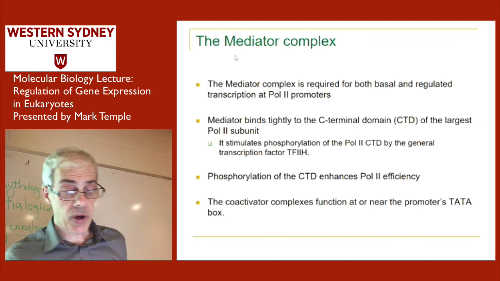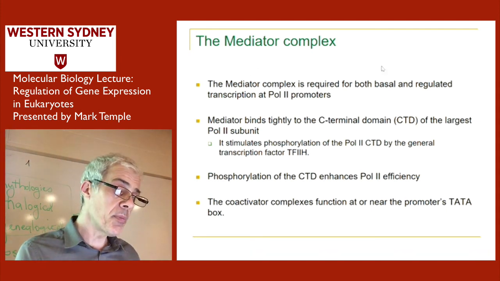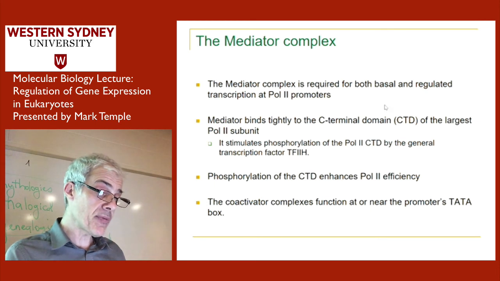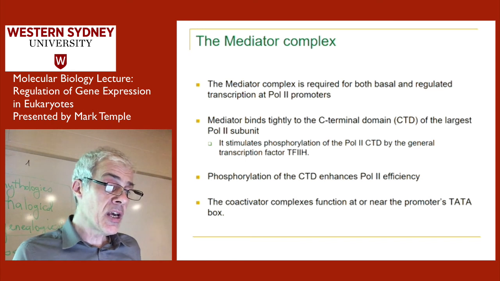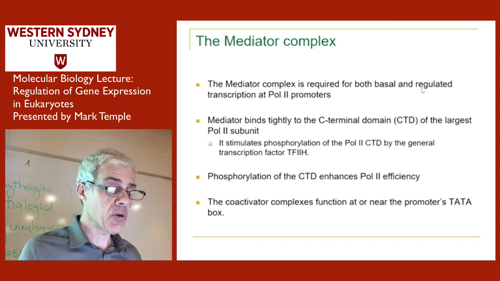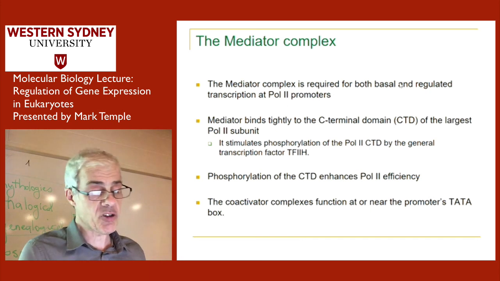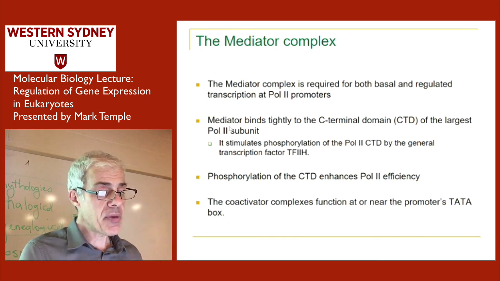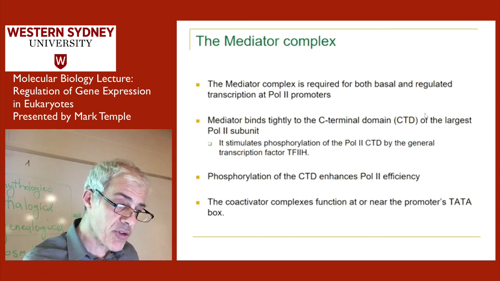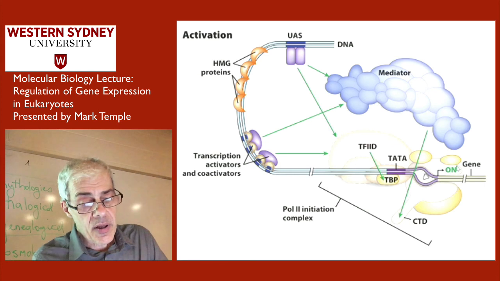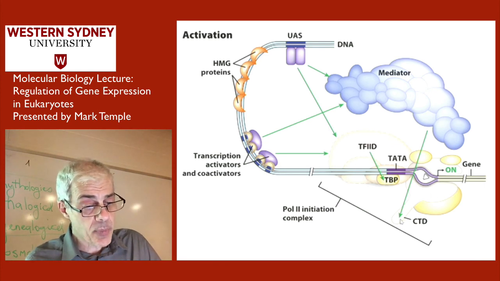So just a few points on this mediator complex again. It's required for basal transcription levels, in other words, housekeeping genes that are on at a regular amount all the time, but it's also required for turning on regulated, responsive transcription. The mediator binds to the carboxy terminal domain of the polymerase. If you remember, this is our polymerase Pol II, and Pol II has this carboxy terminal domain.